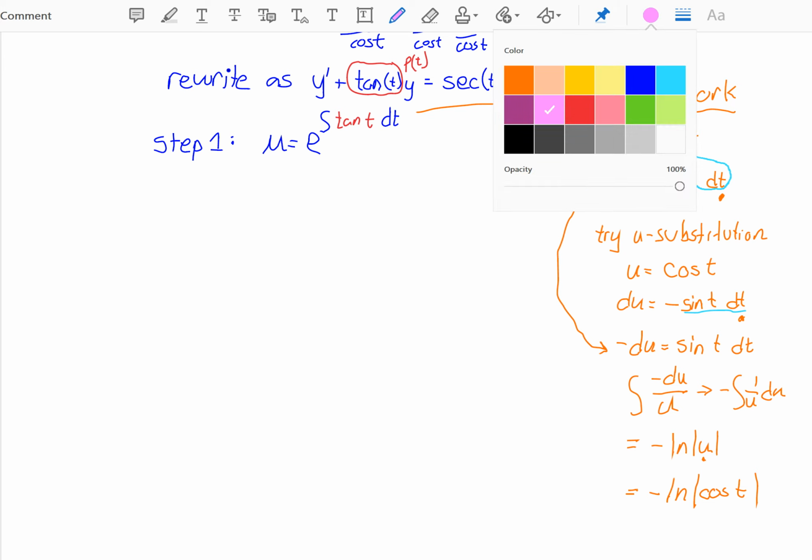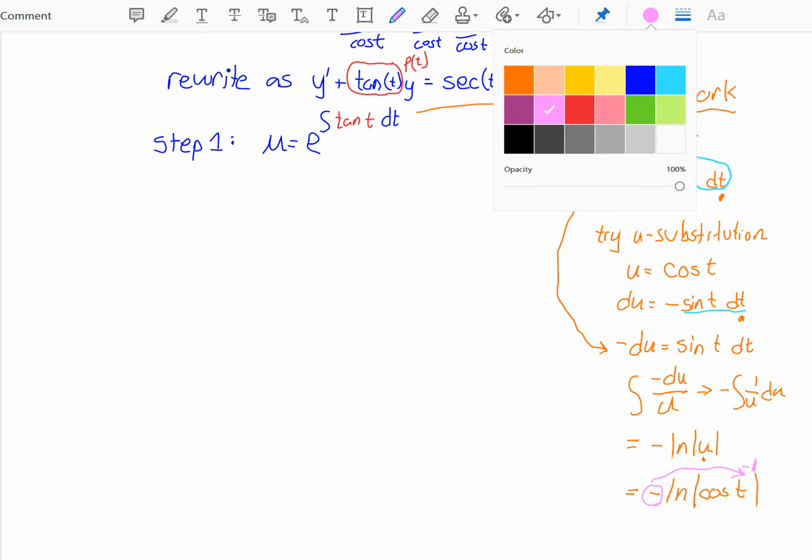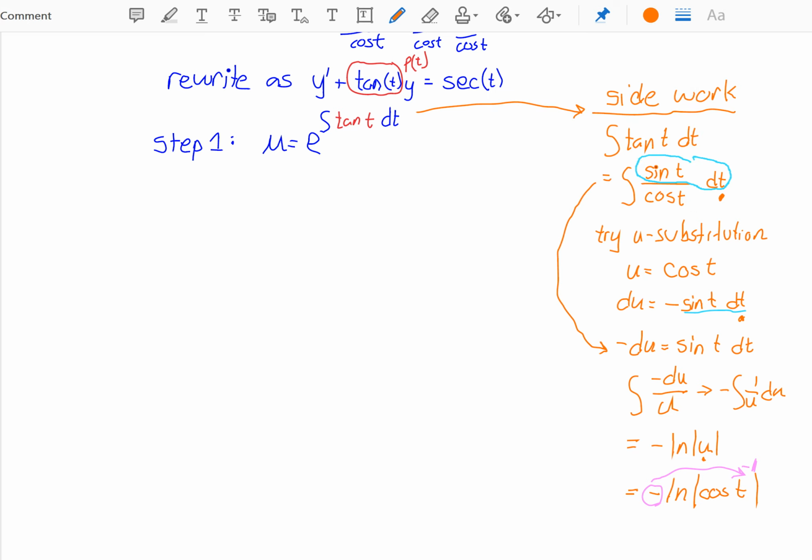Now this answer is correct, but not how it's typically written. Remember, properties of logarithms allow coefficients to become exponents, which moves this negative 1 up to the top. And here I want to use the fact that whenever you have something raised to a negative exponent, you can rewrite it as a reciprocal. So this would be 1 over the cosine of t.